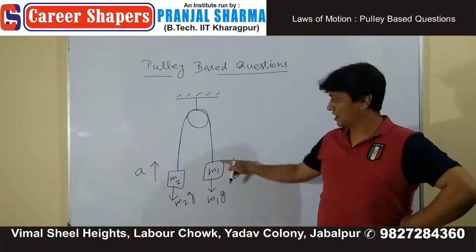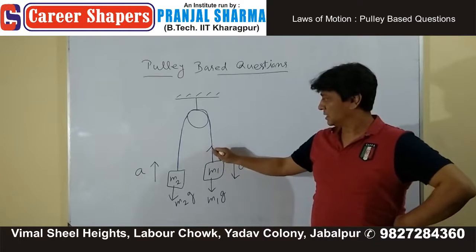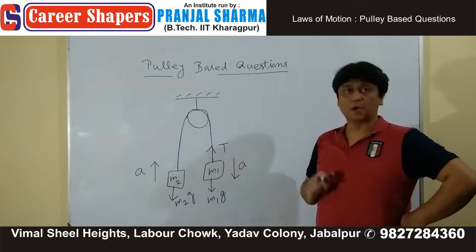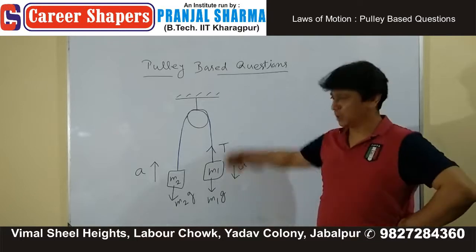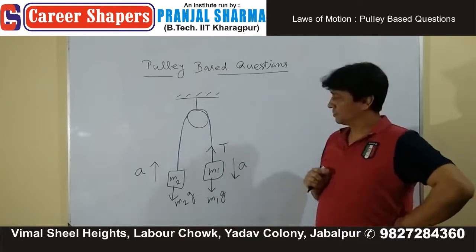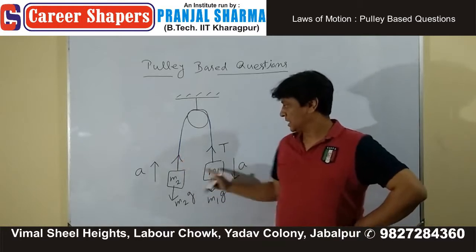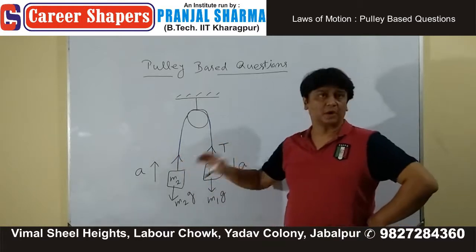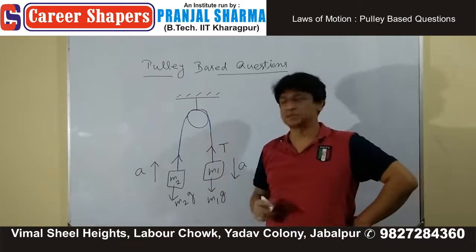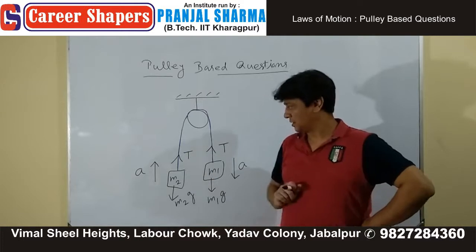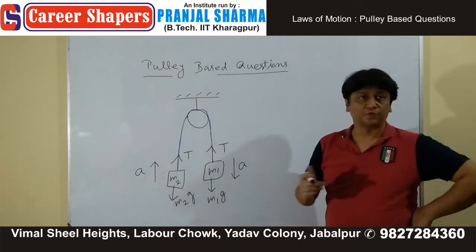Tension which is acting on m1 is acting in this direction, T, away from the body. It's a pulling force. Tension on M2: in a massless rope, tension everywhere is the same. This is also T. These are the free body diagrams.